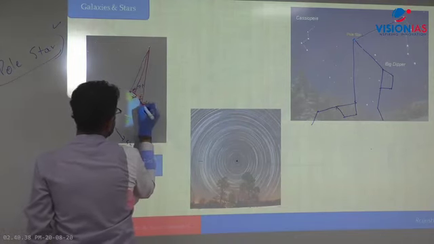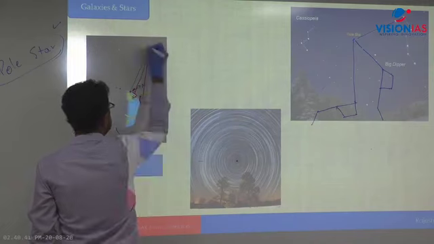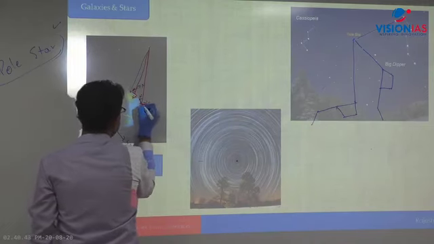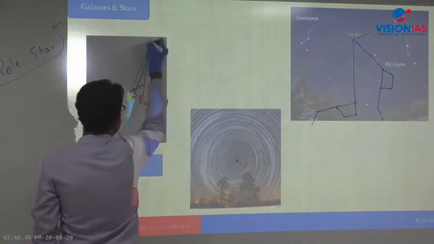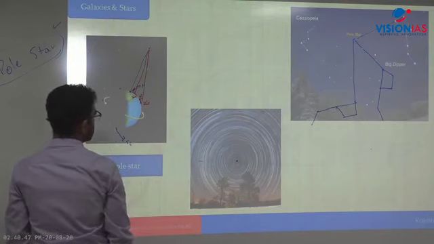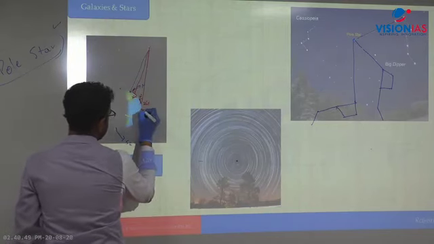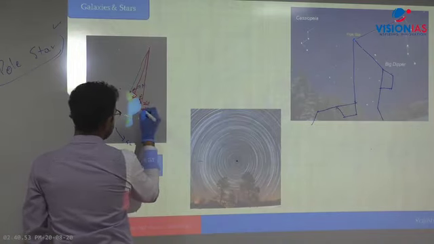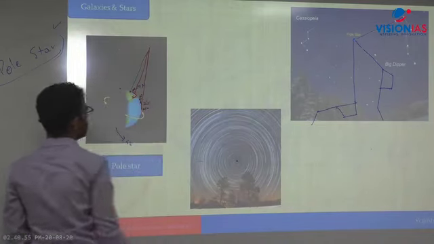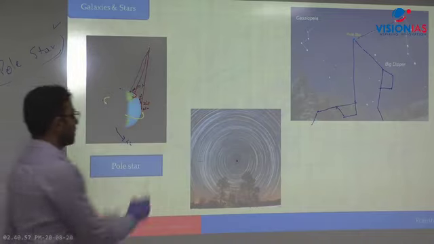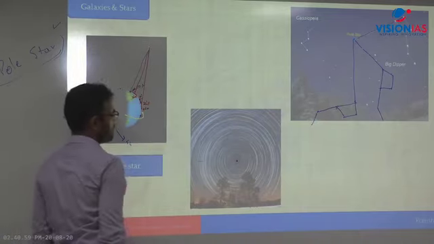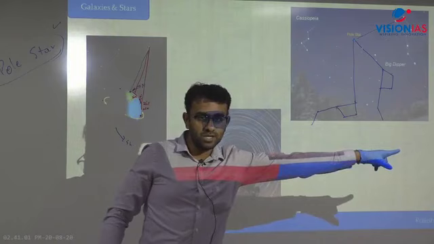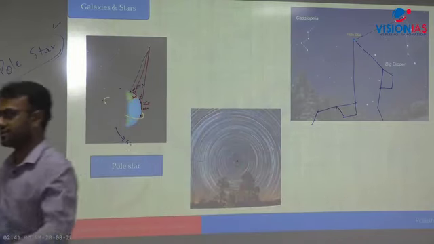The angle at which the pole star is visible from the mid latitude is a lower angle. At 50 degree north latitude you stand, it will be visible at 50 degrees only. You stand near this 20 degree north latitude, from the surface it is visible at 20 degrees only. What about equator? It is visible at 0 degrees, if at all you can see.